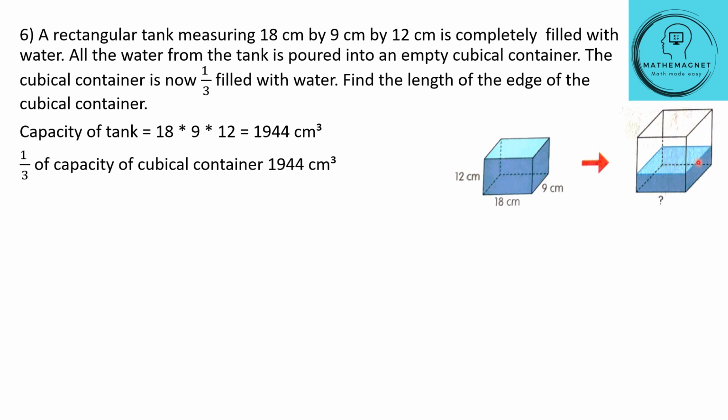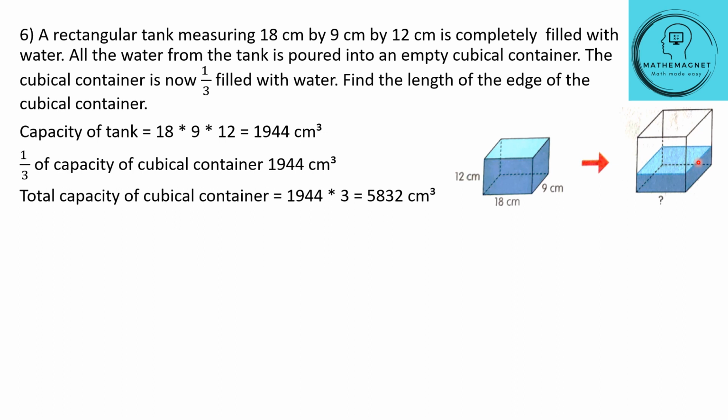So 1/3 capacity of this cubical container is 1944 centimeter cube. Now total capacity of the cubical container will be 3 times that, that is 1944 into 3, which is 5832 centimeter cube. That is the full volume capacity of the cubical tank.